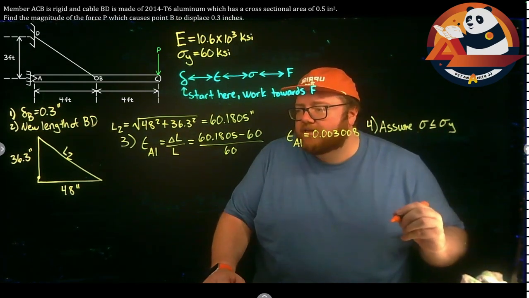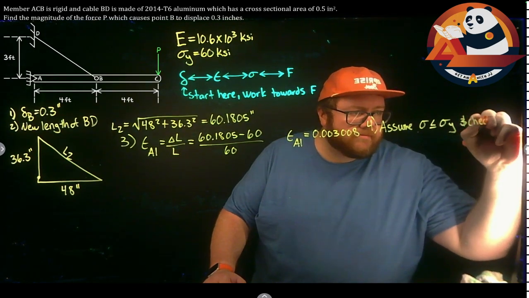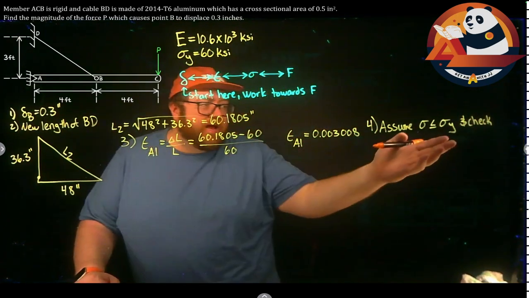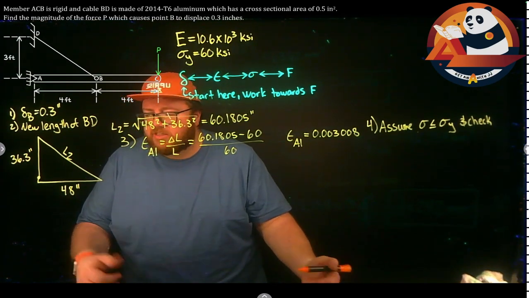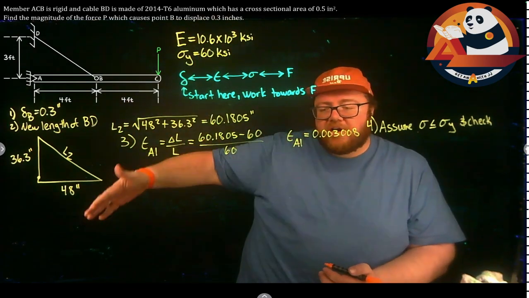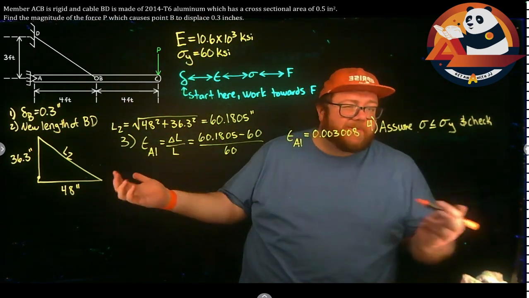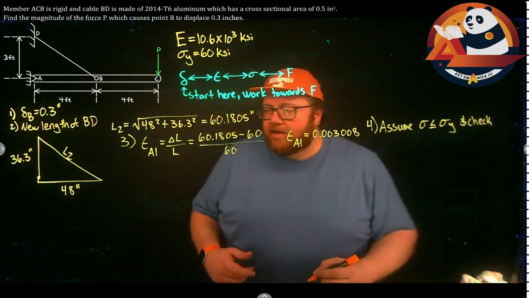And we're going to check. Basically, if we're not less than our yield stress, we can't do stress is force divided by area or E epsilon. We're out of our linear range on our stress strain diagram and things fall apart. So let's check and make sure we're in that range and our equations are valid.